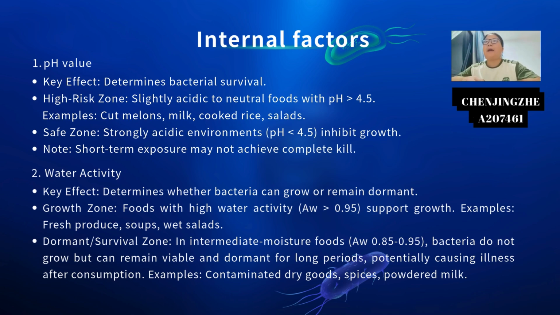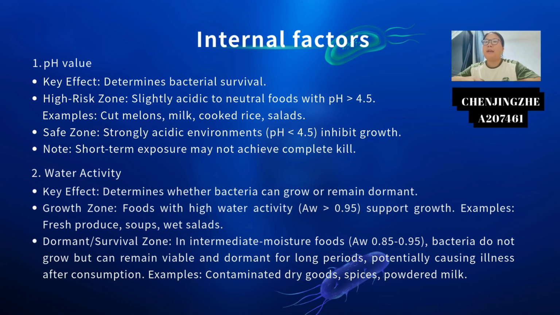I will briefly explain how the inherent properties of food itself influence the risk from Shigella sonnei, a dangerous pathogen causing survivable illness. The key point to remember is that this bacterium doesn't need to grow to high numbers; just a tiny amount, less than 100 cells, can make you sick.